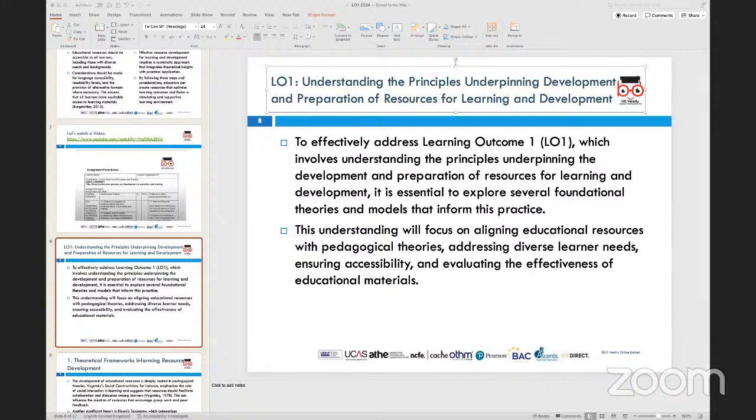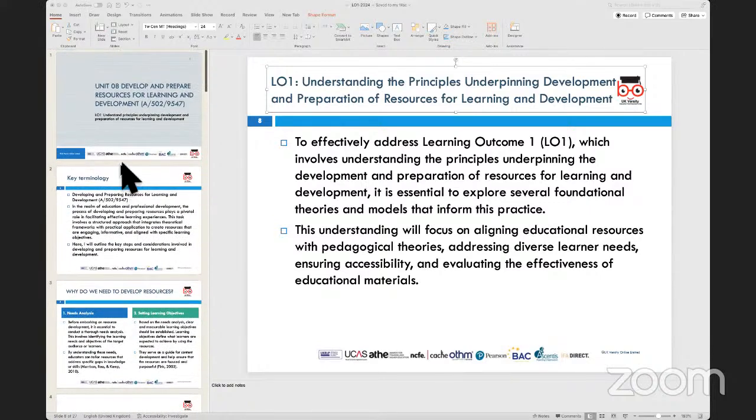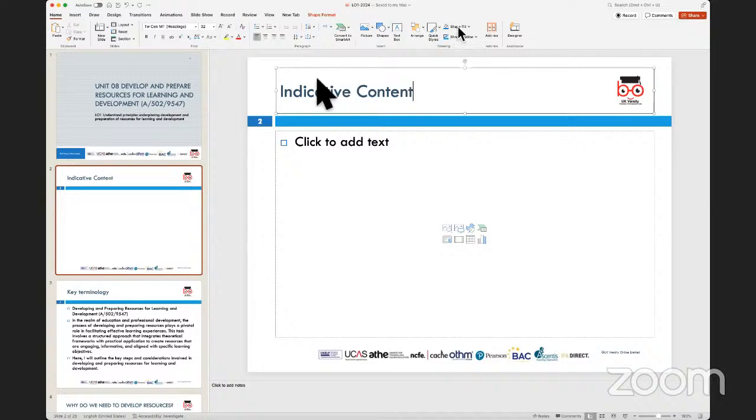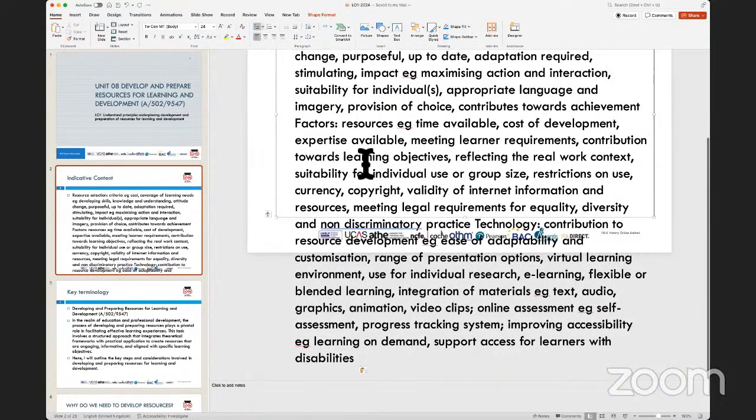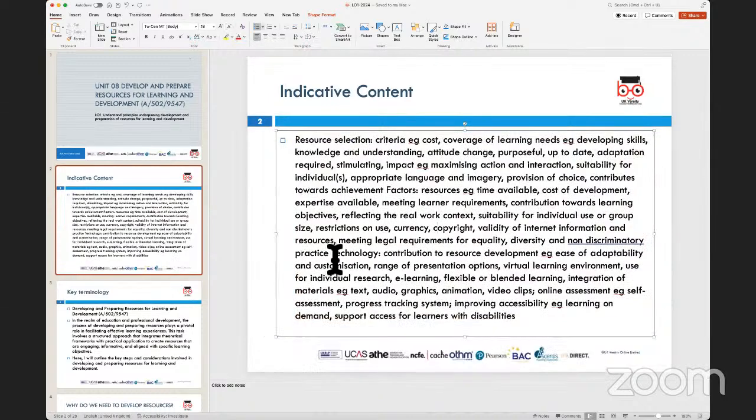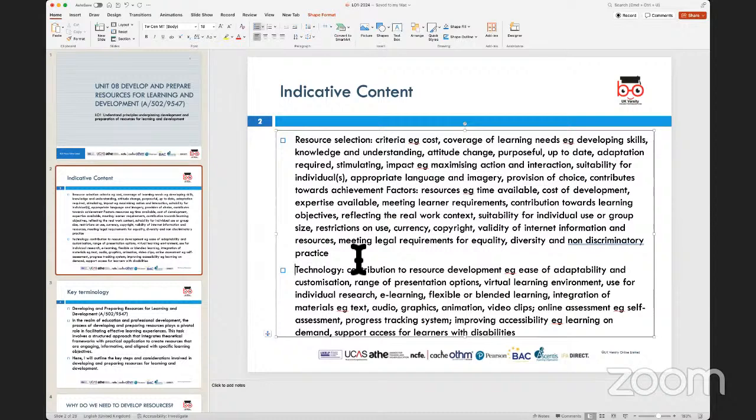So when we look at this aspect of preparing resources, there's a lot of preparation which goes in. This is required because you are required to cover and have most of these resources available before you even start teaching in the classroom.